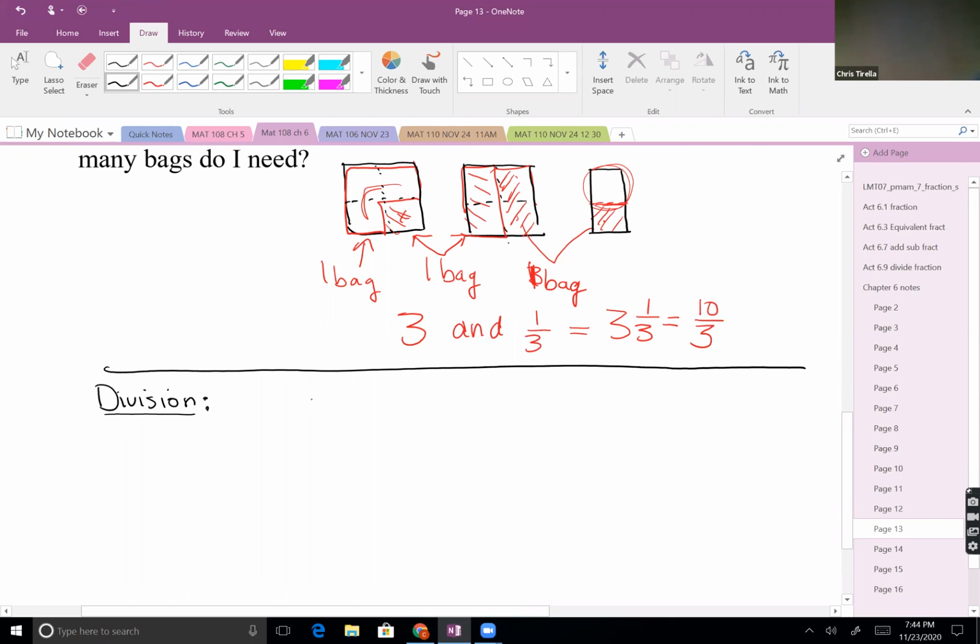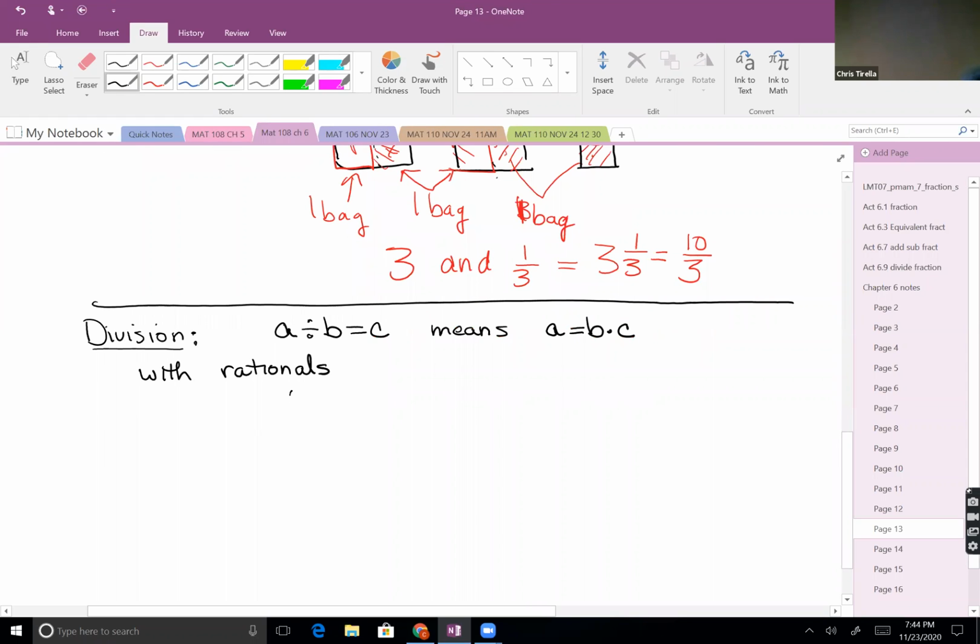In a more formal definition of division, we had first said that if I had A divided by B equals C, that means that A is equal to B times C. And so with rational numbers, if I have A over B divided by C over D is equal to some fraction M over N, we would say that that means that the dividend is equal to the quotient times the divisor.